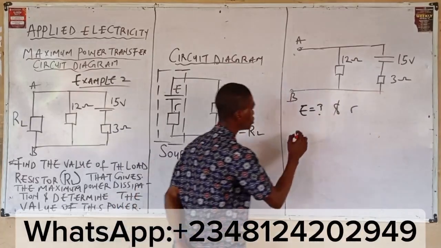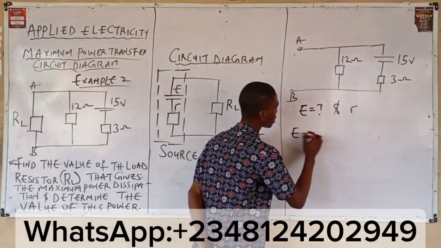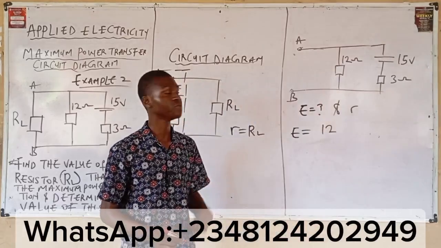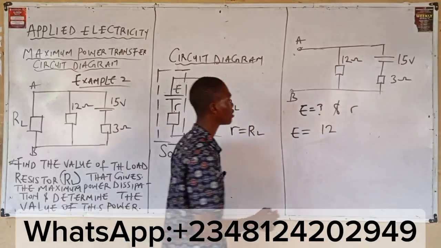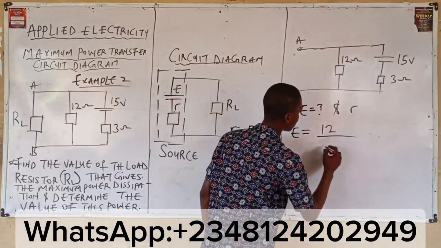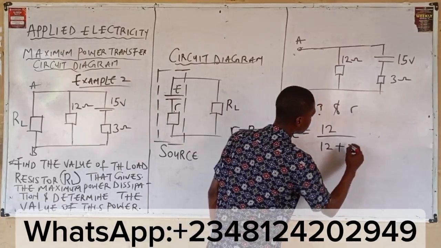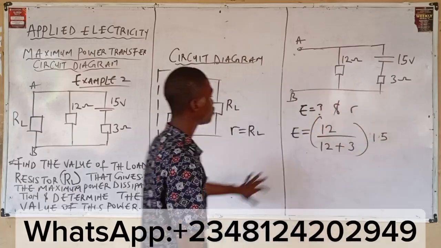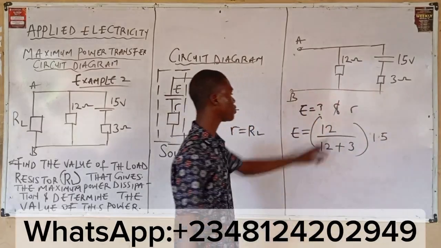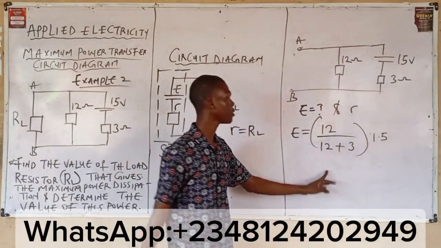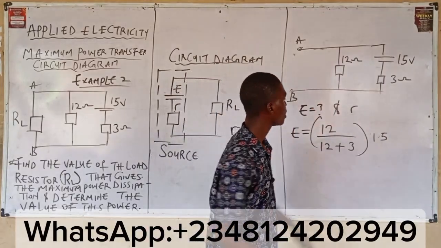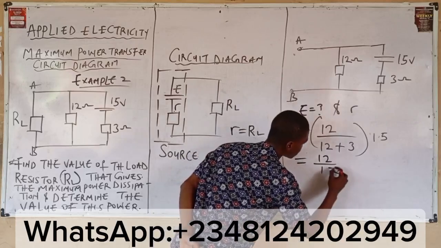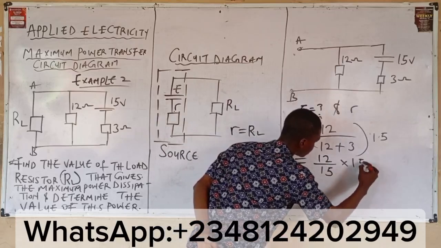Now, how do you calculate your E? We are going to use the voltage divider rule. By voltage divider rule, E equals 12 divided by 12 plus 3, multiplied by 15, which is 12 over 15 multiplied by 15.